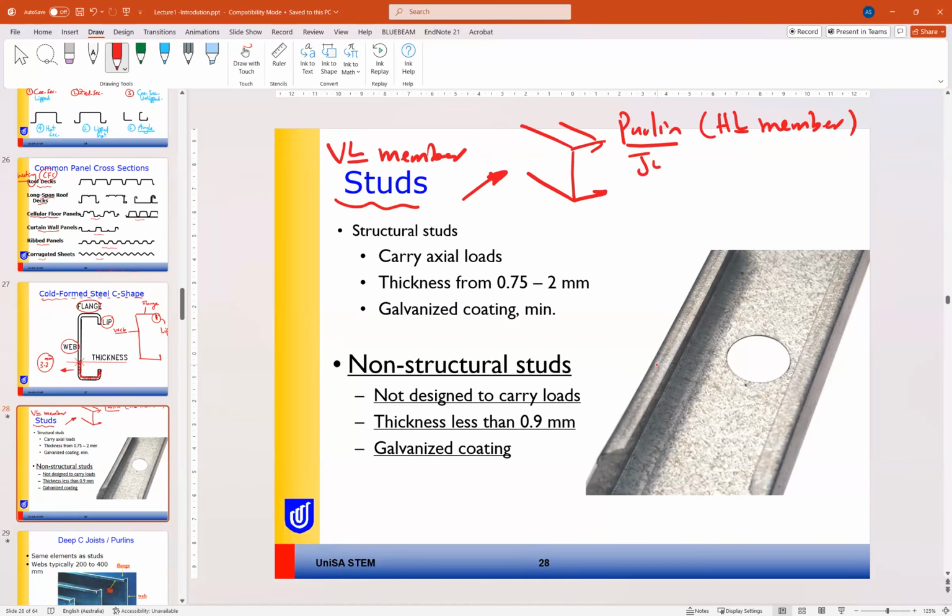So the purlin or the joist are like beams. Stud is a column. So the stud carries axial load, or it can be vertical also or horizontal, but usually vertical. So similar to another option of stud, if you have a plan.